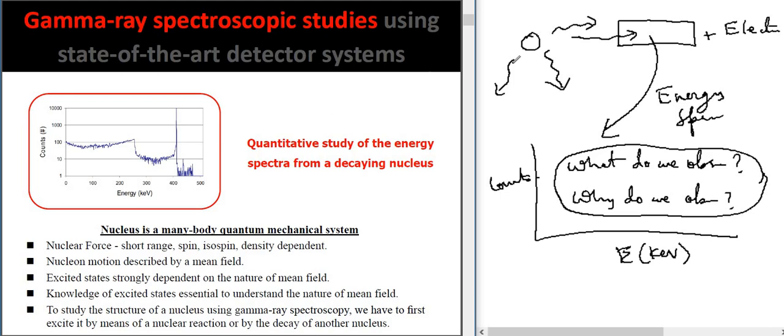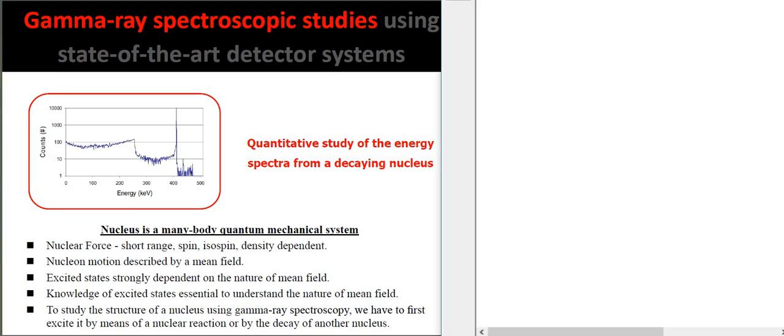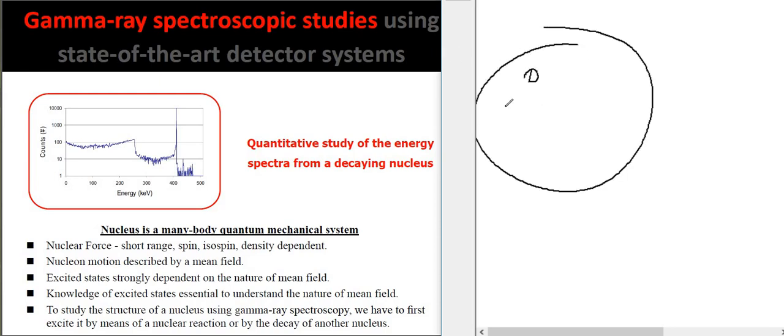If there are a large number of nucleons inside the nucleus, the mean field concept is that, let us consider this particular nucleon. Now you must be wondering what is the effect of the other nucleons, this one, this one, this one, on this one, right? You must be wondering.